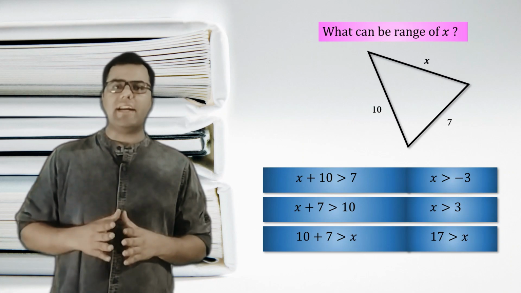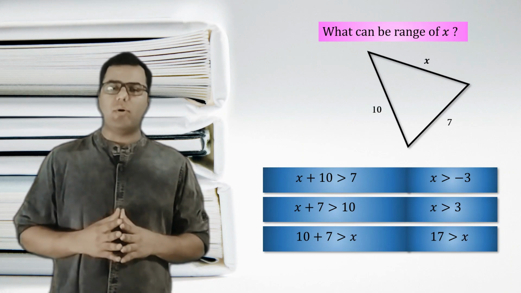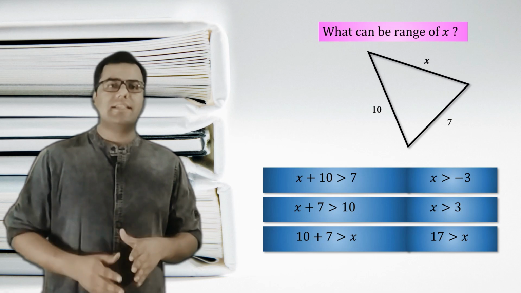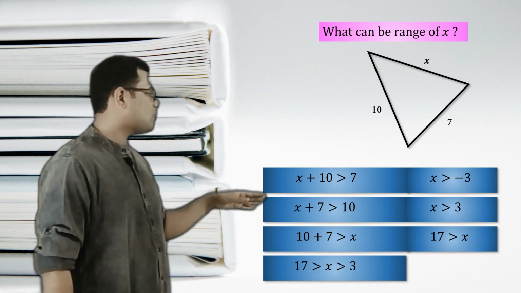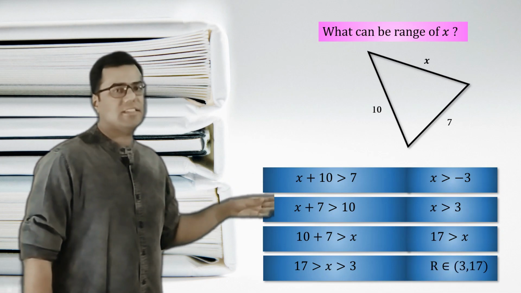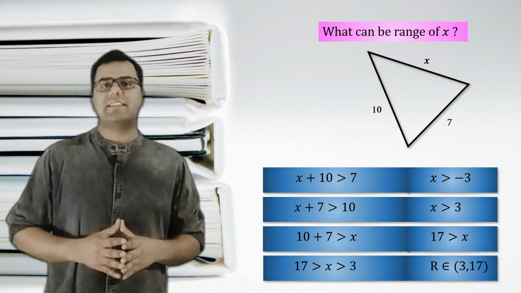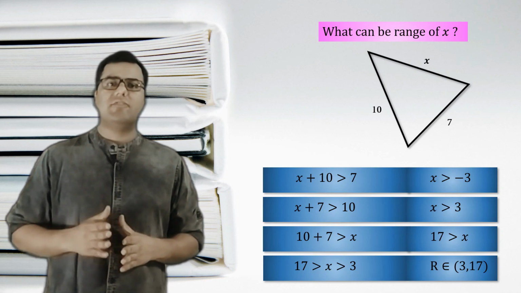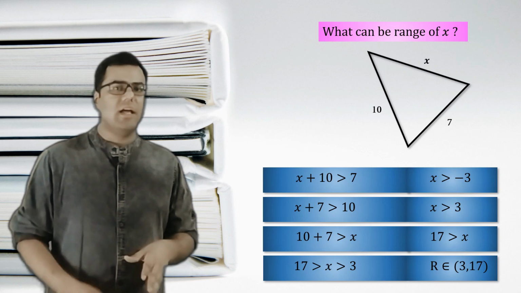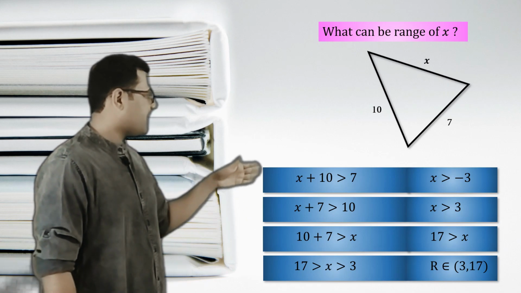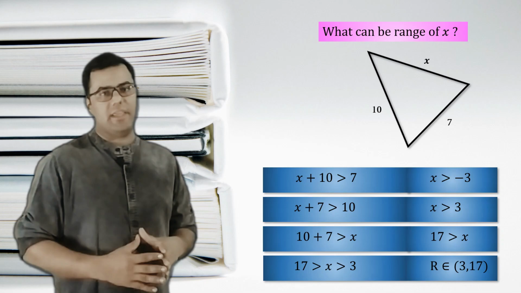Now these last two inequalities make a compound inequality, and you have 17 greater than X, which is greater than 3. So the range of X is 3 to 17. It means that the value of X cannot go beyond this range. If someone says the value of X equals 1, then it cannot be.